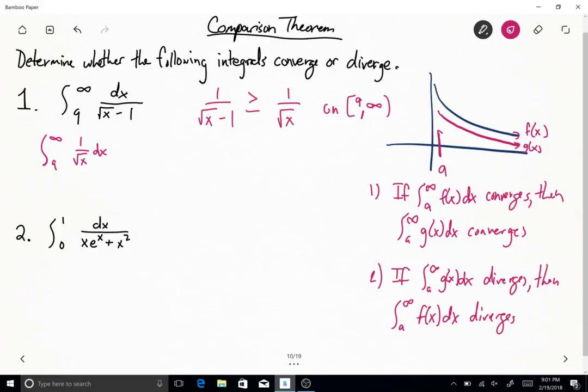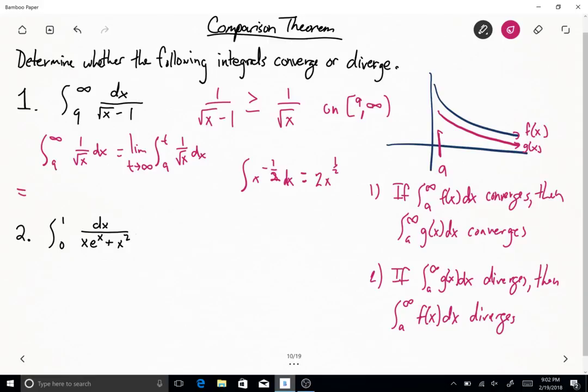Notice that's x to the negative 1/2, right? So the antiderivative, just an FYI, if you want to write it this way, you can. The integral of x to the negative 1/2 is the same thing as you add 1 to the exponent, so you get 2x to the 1/2. Actually, I forgot to do one thing. Let me write it this way first. I have to talk about a limit since I can't plug in infinity. The limit as t approaches infinity of the integral from 9 to t of 1 over square root of x dx.